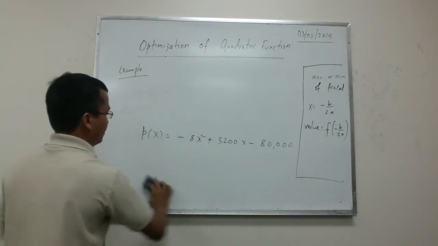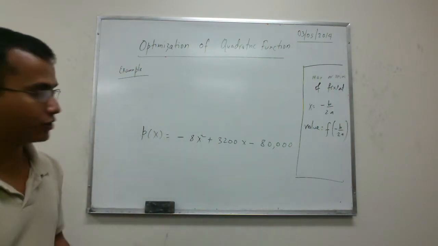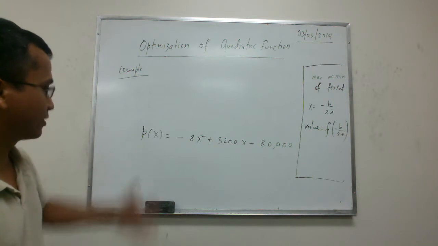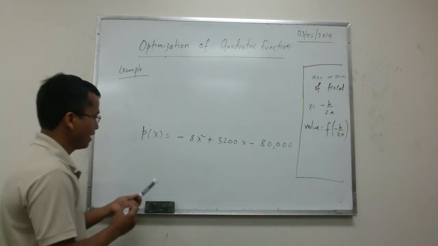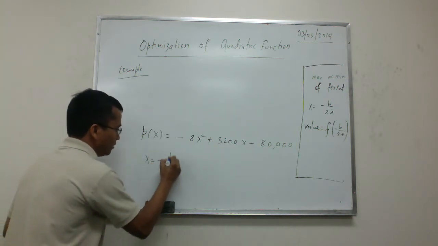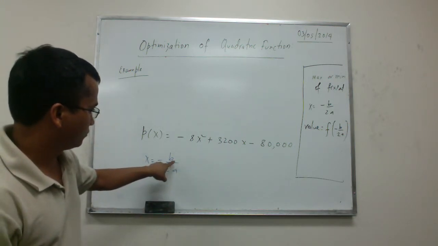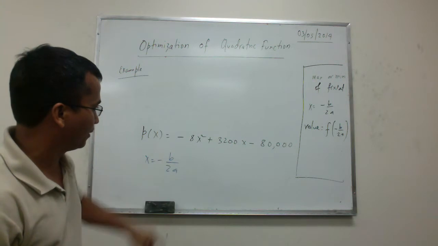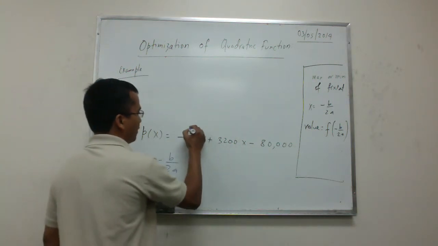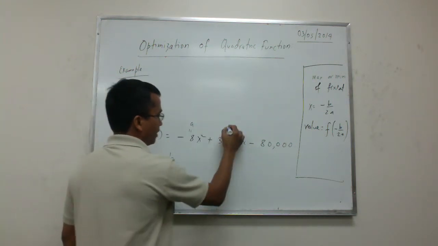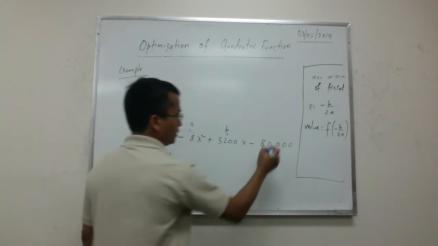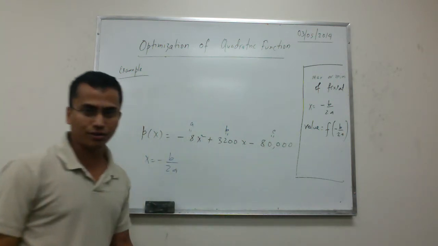So this is our quadratic function. Now we can have maximum profit at x equal to negative b over 2a. So make sure to find the values of a and b. In this quadratic function, the value of a is negative 8, the value of b is 3200, and the value of c is negative 80,000.